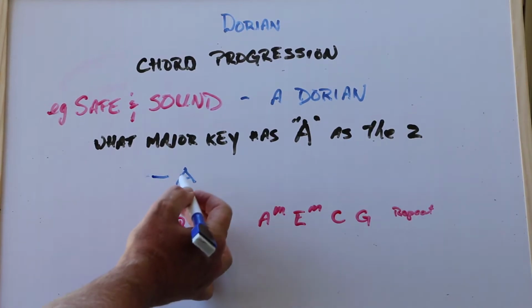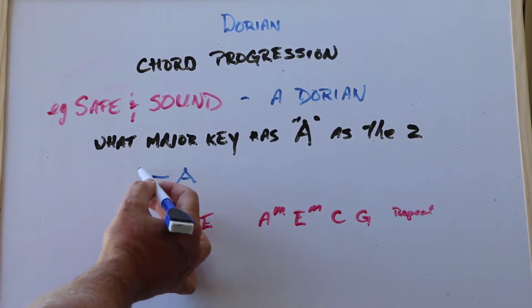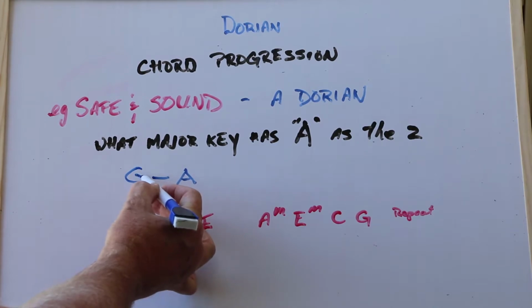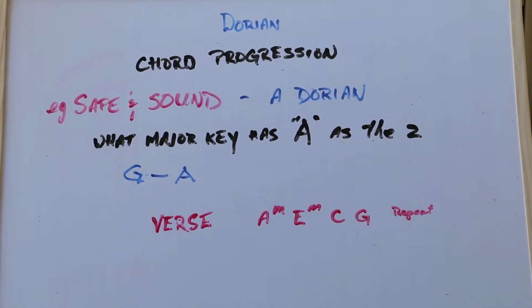So we're in the major key of G, and we can think of this song Safe and Sound as playing in this key if we want to. But all we're doing is making A the tonal center, or home. And when you look at the verse structure, you'll see that it starts out with A minor, E minor, C, and G, A minor being the tonal center.